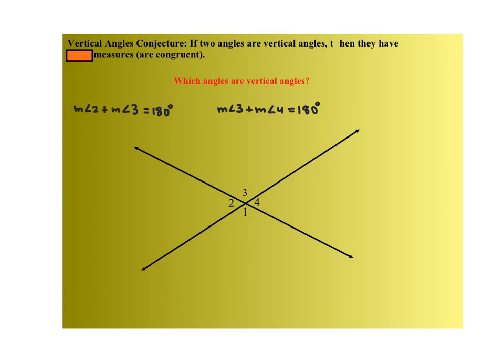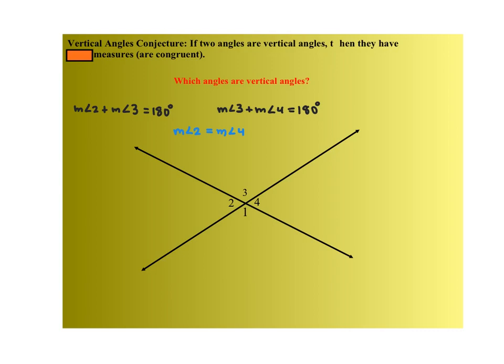Therefore, if angle 3 and angle 2 add to 180, and angle 3 and angle 4 add to 180, then we could make the conjecture that the measure of angle 2 will be equal to the measure of angle 4.